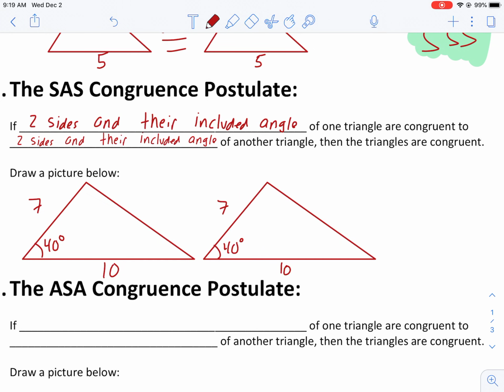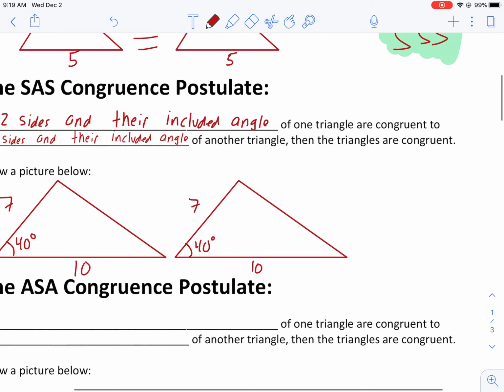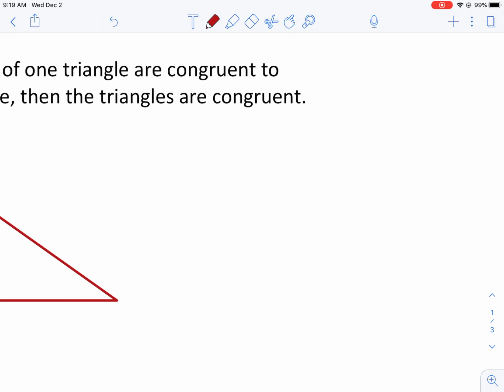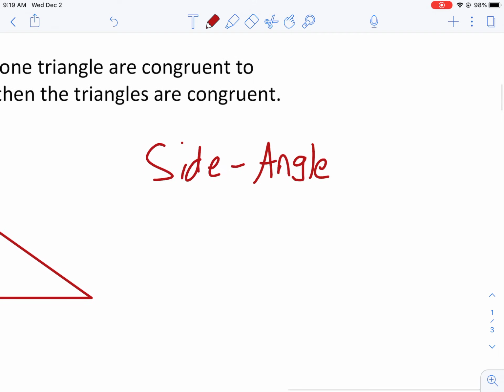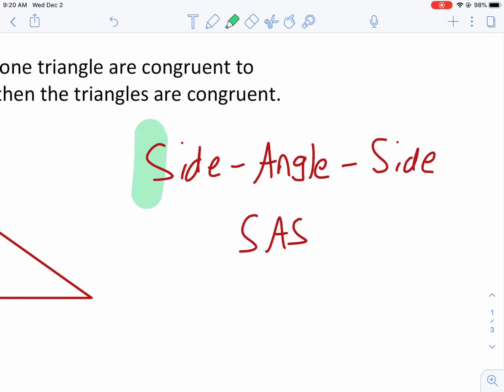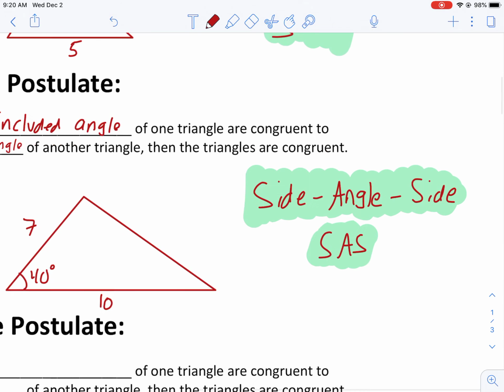If it's a different angle, like if it was that angle up there, that would not work. So this is called side angle side, or we are going to abbreviate it as SAS. So you don't need to know the names. Well, actually, you do need to know the names, but we'll write it as SAS in our proofs.